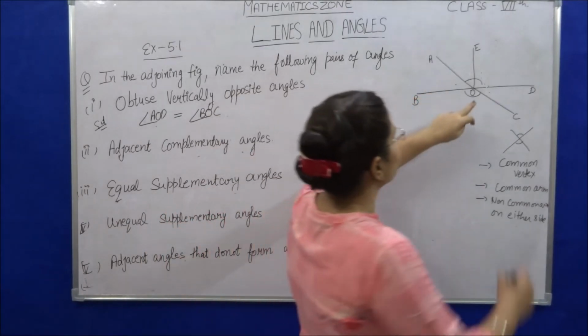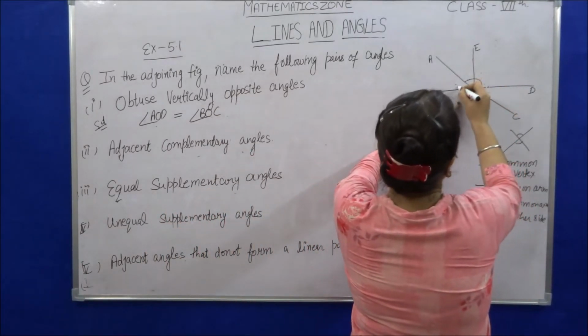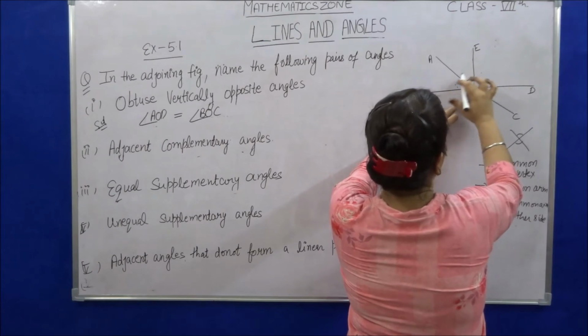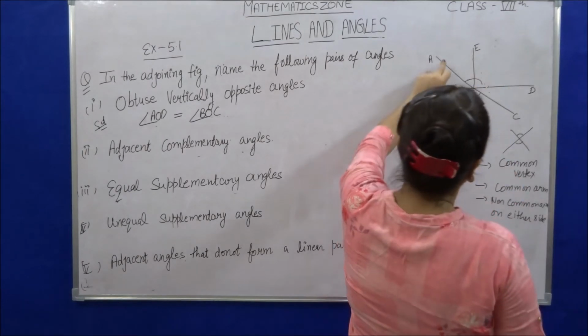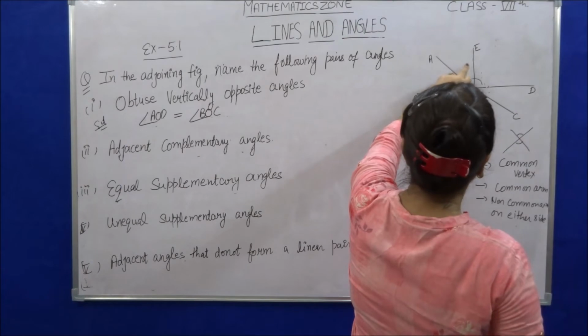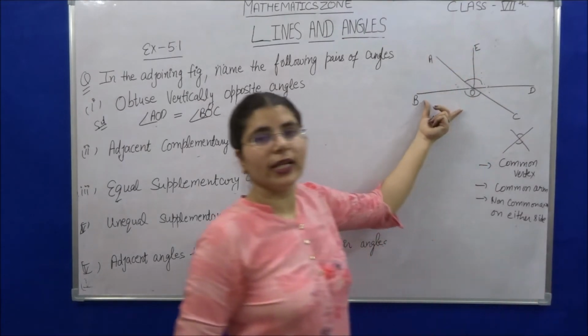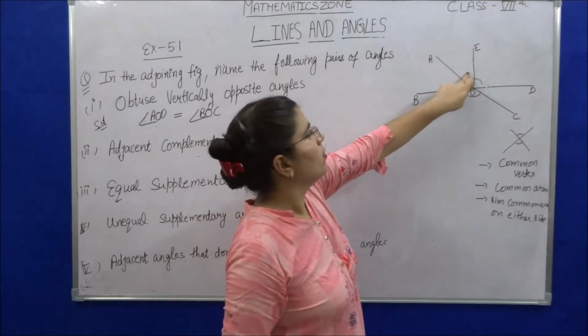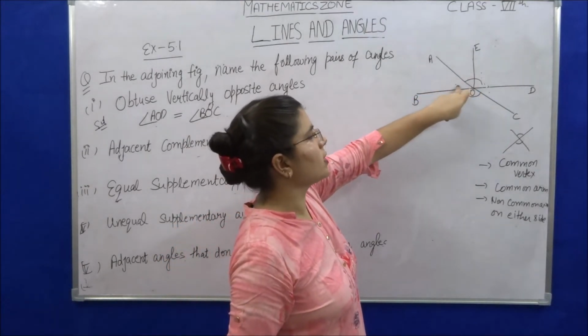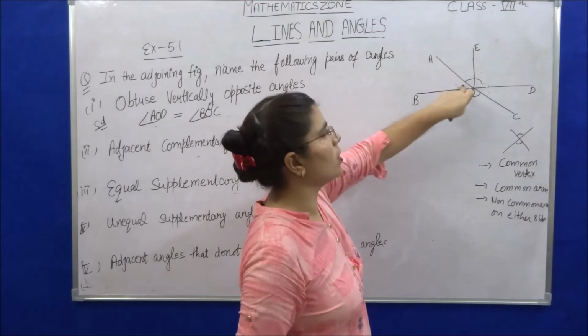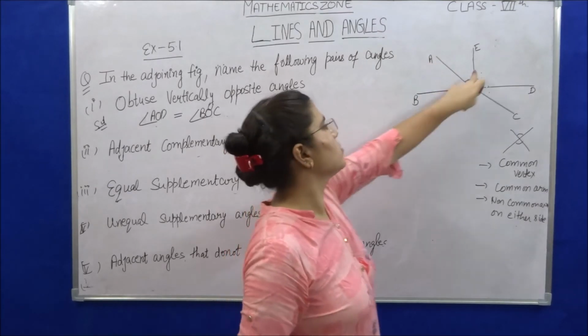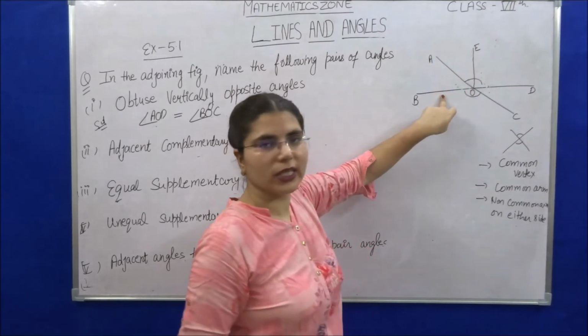Now firstly, if we see these two angles, they are adjacent angles. The common arm is present in this angle and this angle, that is angle EOA and angle AOB. Here O is the common vertex, AO is the common arm, and these two are non-common arms on either side.